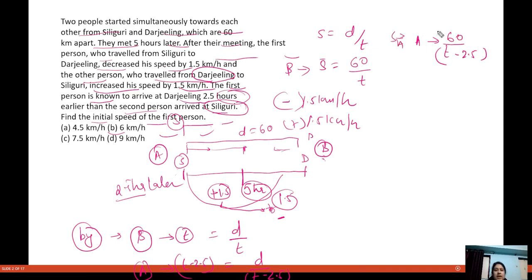This is the speed of the A person. We have to find the initial speed of the first person, and the first person is the one who traveled from Siliguri to Darjeeling. So we have to find this speed.